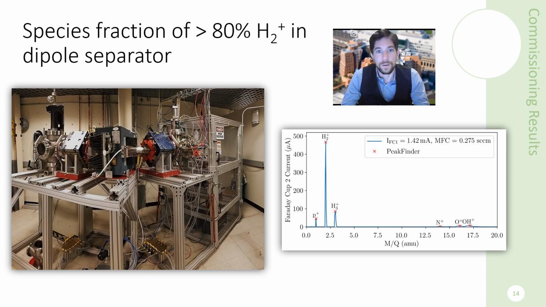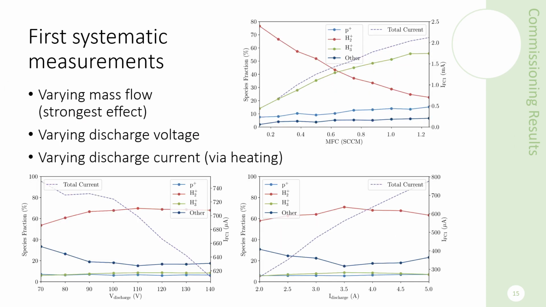The second diagnostic box all the way on the left contains a Faraday cup with slits and 2 Allison emittance scanners. These emittance scanners will be important 2 slides from now. And the resulting mass spectrum of one of our most successful runs you can see on the right here with about 500 microamps of H2 plus out of our source.